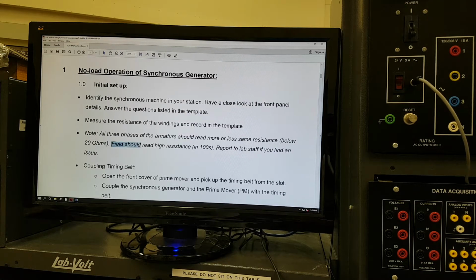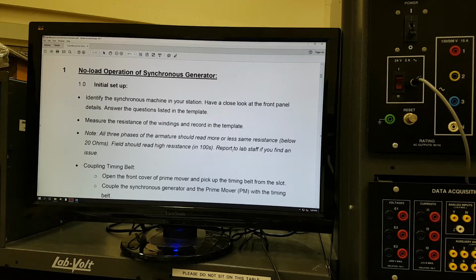And the field should read a high resistance, in terms of hundreds of ohms, but the armature resistance would be 20 ohms or below. Report to the lab instructor if there is an issue found when you are doing the lab by yourself. That is the case, but let us see.